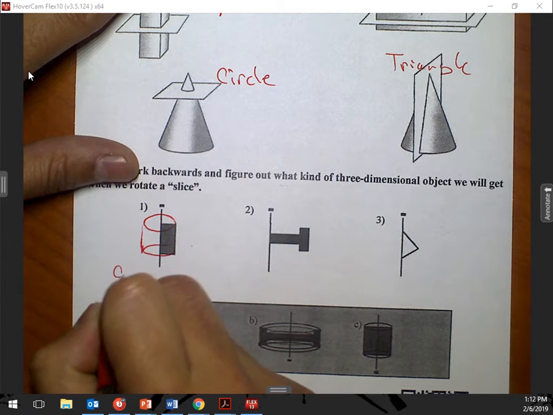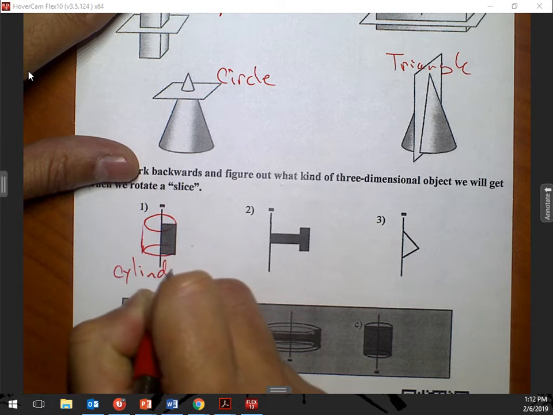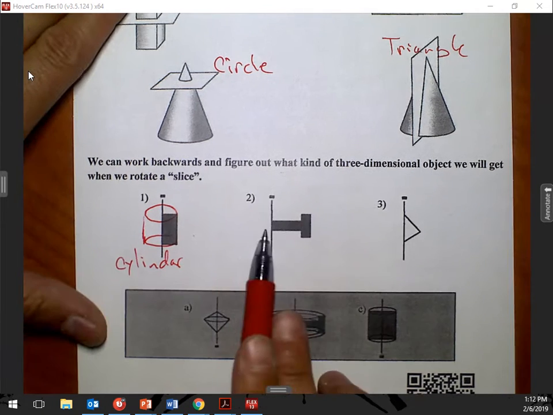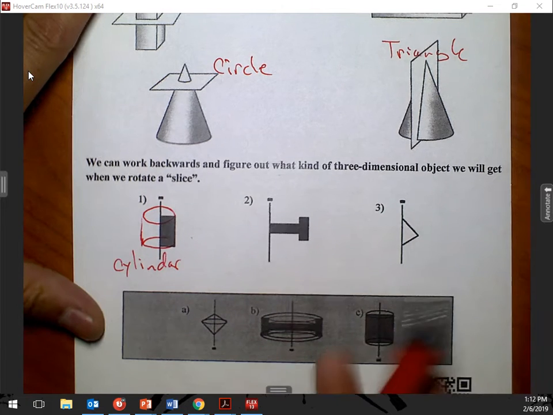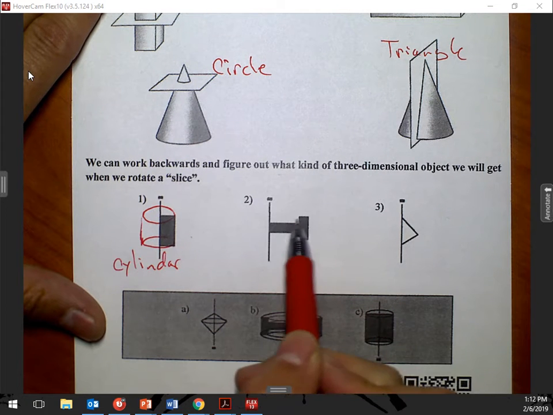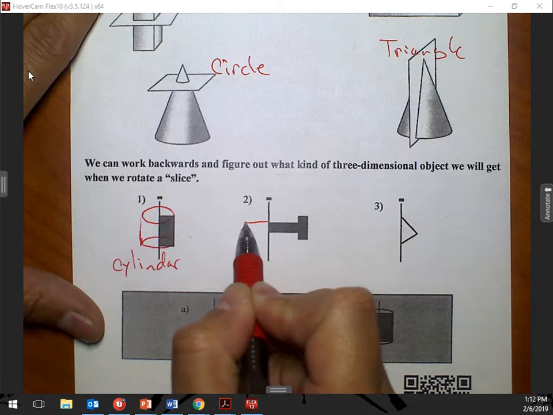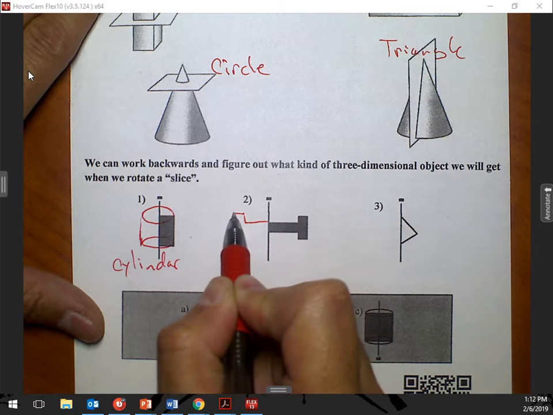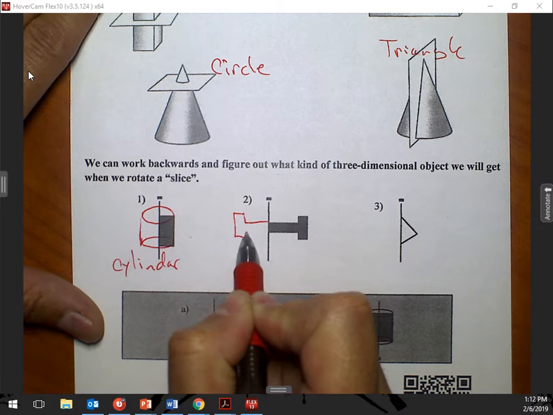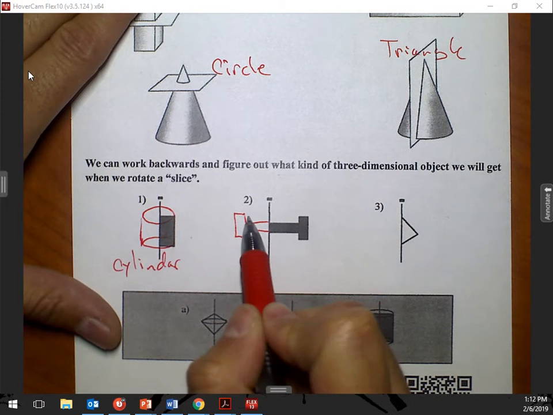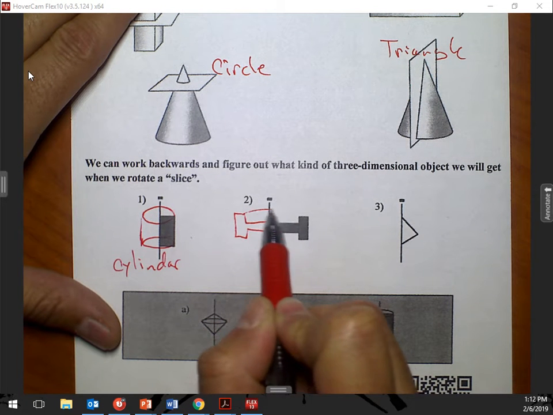So, let's see. Okay, this next one right here. You're going to do the same thing I did. As I'm rotating it around, I know it should be the same going in the other direction, right? And as I rotate it around, it's going to connect over here, right?